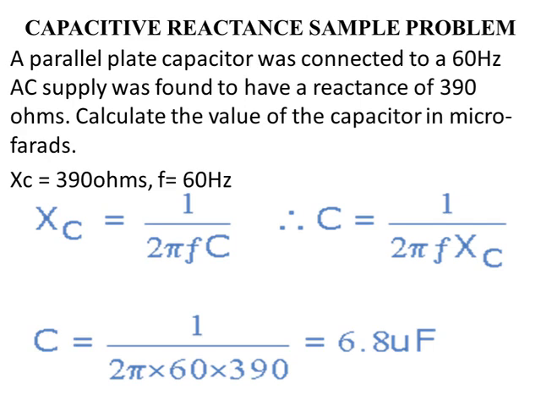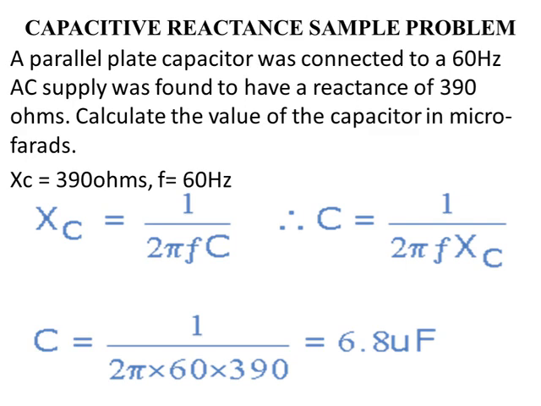Now let's do this. From our XC equals 1 over 2 pi fC, what we are asked to calculate is the value of the capacitor C. So we make C the subject of the formula, and we have C equals 1 over 2 pi f XC, where XC is the reactance.